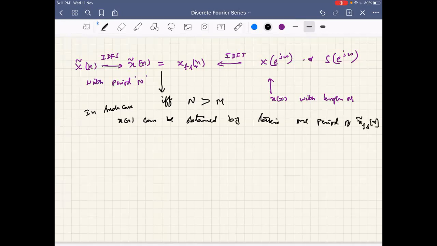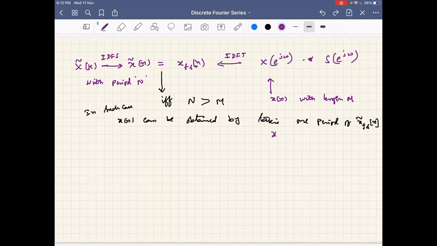This is also tilde because it keeps repeating. So this is the IDFT, and directly you will get only one period. So x of n can be obtained by taking one period of x tilde of fs or x of fs.